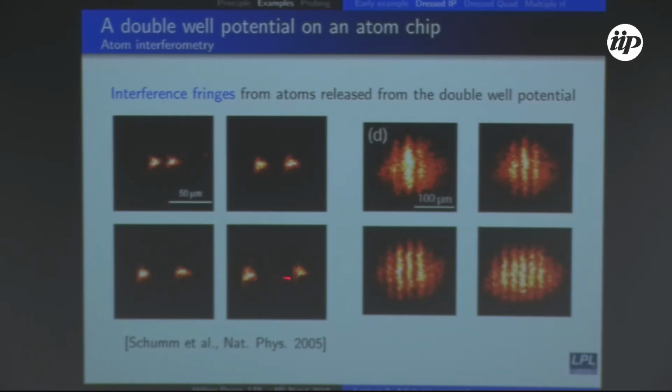From this kind of double wells, if you release the atoms, you will get interferometric fringes, matter wave fringes, between the 2 clouds. And this is a setup they used a lot in the past years, in particular to study the phase fluctuations that we can have along these quasi one-dimensional Bose gases. So this is a very nice tool.